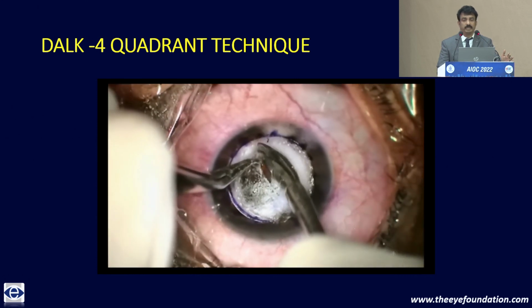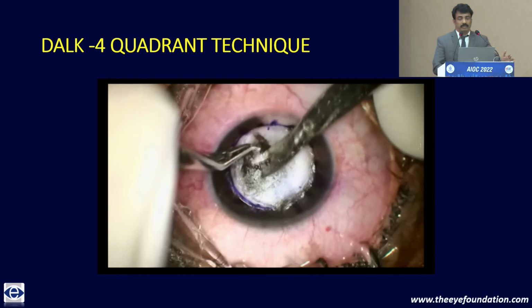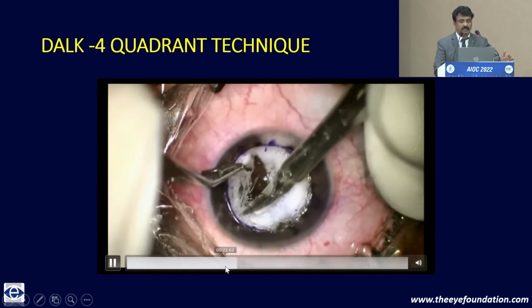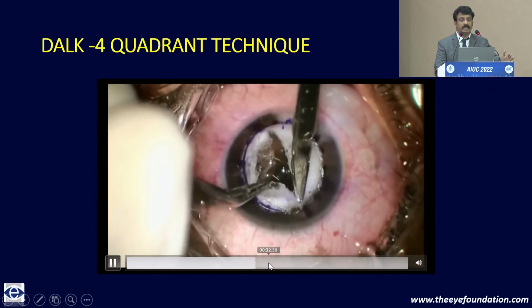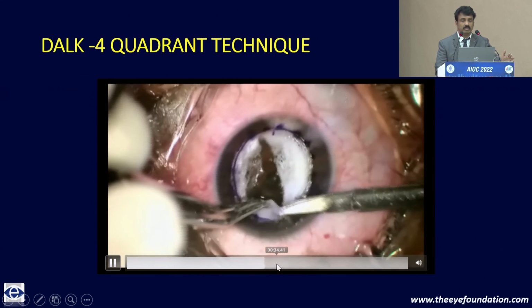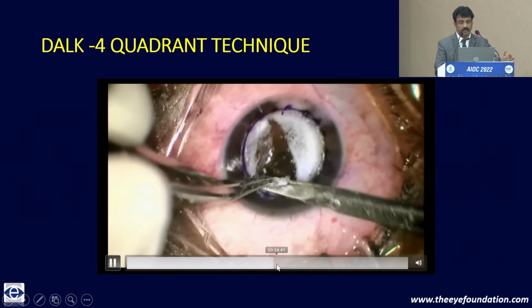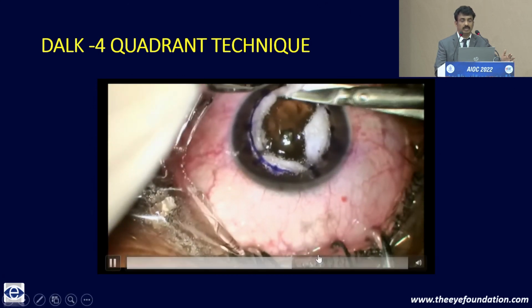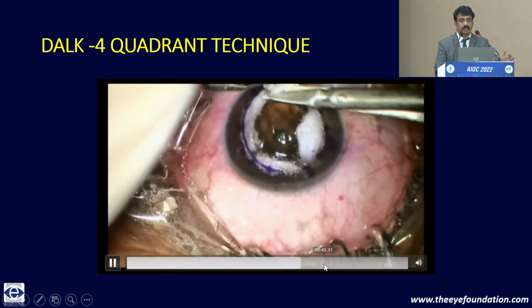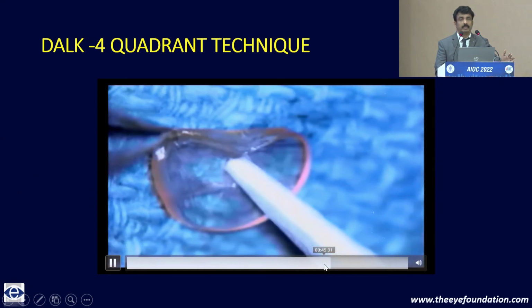from all the manipulations. With the help of a Vannas scissor, you dissect the posterior stroma and divide it into 4 quadrants or more, 5 or 6 segments, depending on your convenience, and go right up to the trephination margin. Once that is done, you prepare the donor tissue.